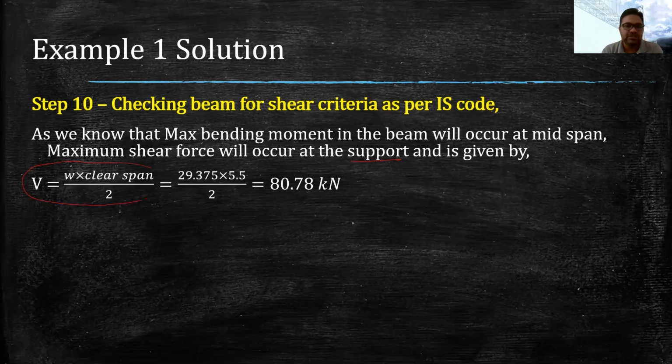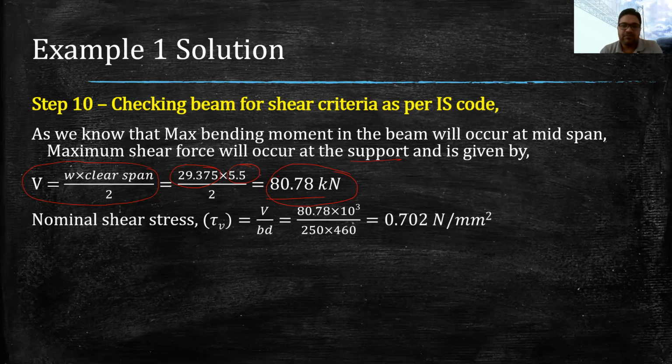We follow the same process as in the singly reinforced beam. W we know is 29.375, multiplied by clear span. So we get the maximum shear force as 80.78 kilonewton. This is the shear force that we have to check whether it is resisted by our beam, or whether we are required to provide extra reinforcement in the form of shear reinforcement.